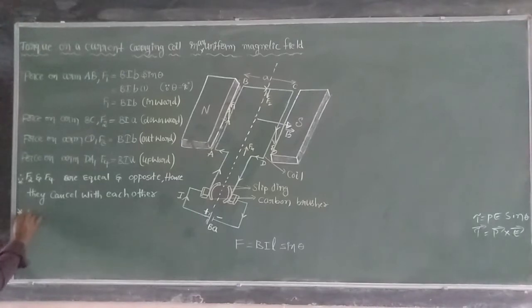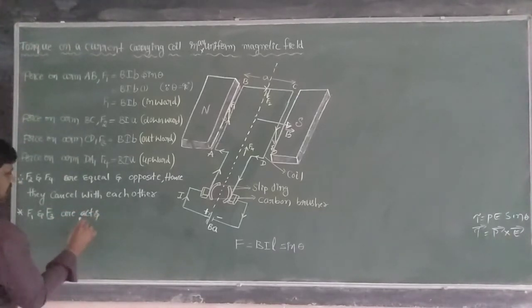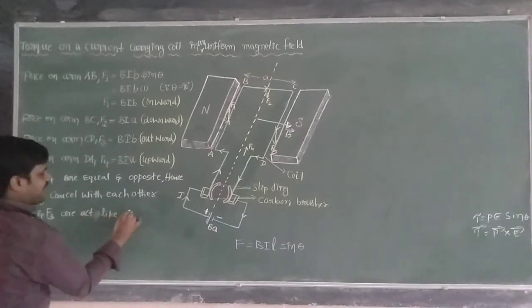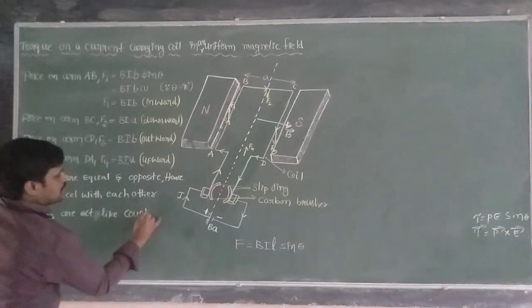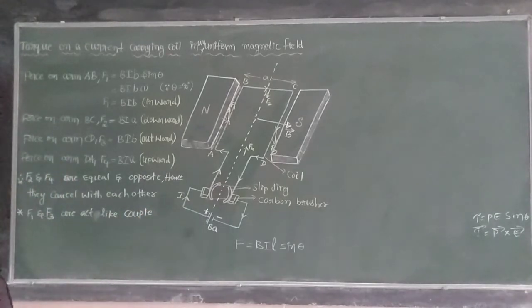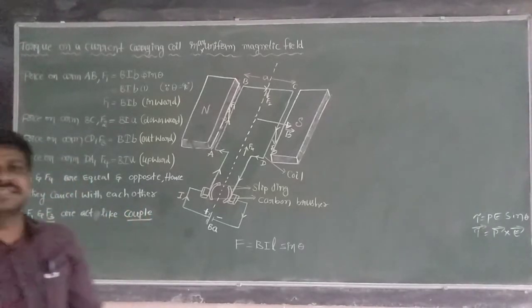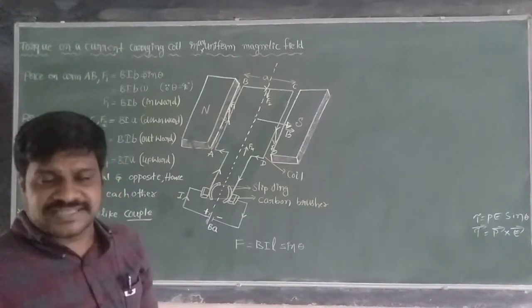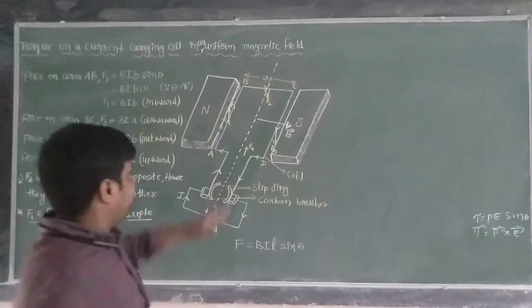So F1 and F3 act like a couple, acting at two different points from the axis of rotation.